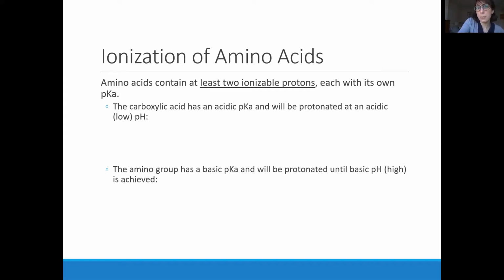The first part that every amino acid has is the carboxylic acid, and this functional group is very acidic. This functional group has an acidic pKa, and that means that it will be protonated only at a very low pH.